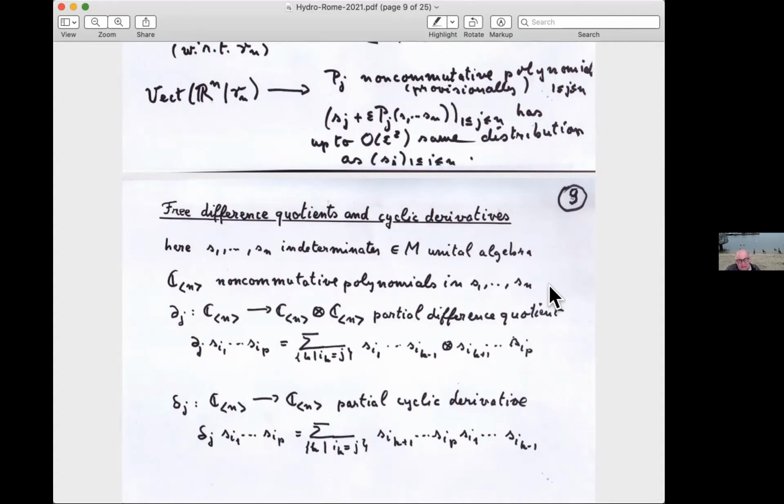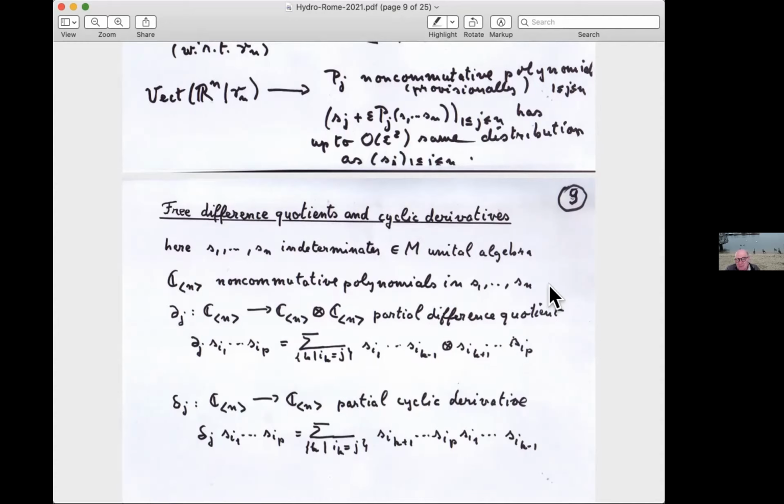Then one has partial difference quotient derivations. They do the following thing. It's this del j, which when it sees in a monomial Si1, Sip an Sj, erases it and puts a tensor.